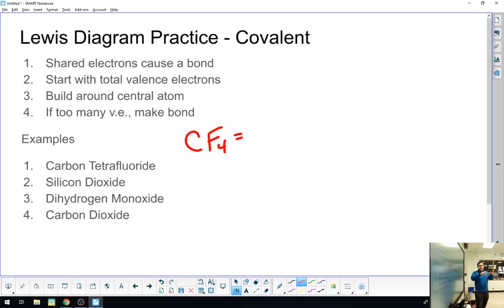Let's find the total number of valence electrons in CF4. We have carbon. How many valence electrons are in carbon? It's just 4. Not the charge, just how many valence electrons. So carbon has 4 valence electrons. Fluorine has how many?